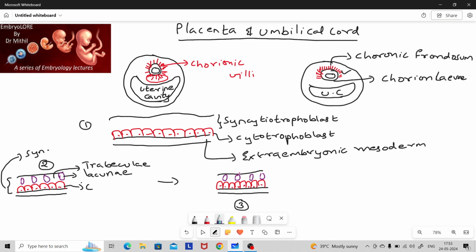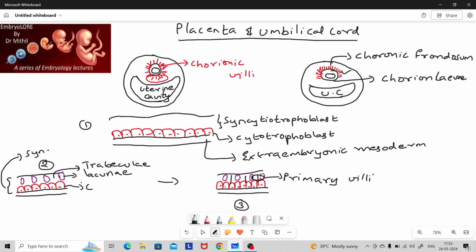So here we can see the lacunae, and these both are called the primary villi.